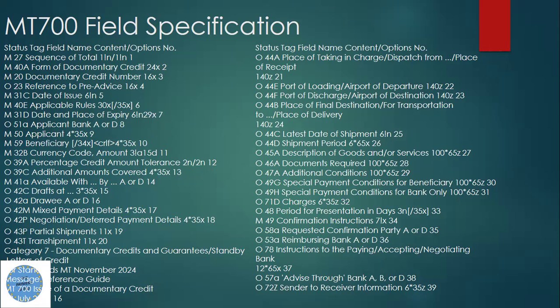And then for the further fields, I'll directly jump to a mandatory one, which is field 49, the confirmation instructions. So these many fields can be available. Other than that, there are some additional optional fields, from field 44 to field 49, which include latest date of shipment, shipment period, description of goods and or services, documents required, additional conditions, special payment conditions for beneficiary, and special payment conditions for the bank only.